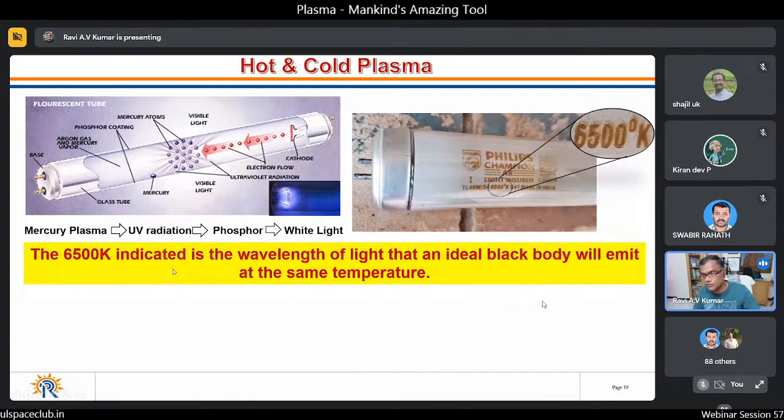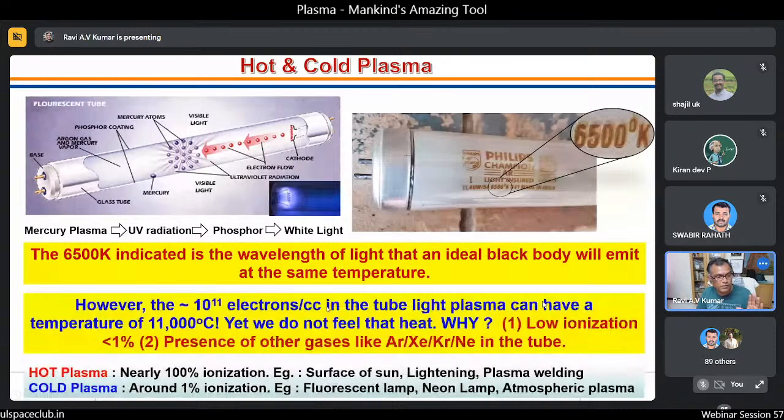So the white light that it gives you is what a black body will emit at 6500 Kelvin. Having said that, every electron inside this tube light has a temperature of 11,000 degrees centigrade. Every electron, but the tube light you can still touch. Why is that? It's simply because the number of ionized atoms is very, very much less than 1%.